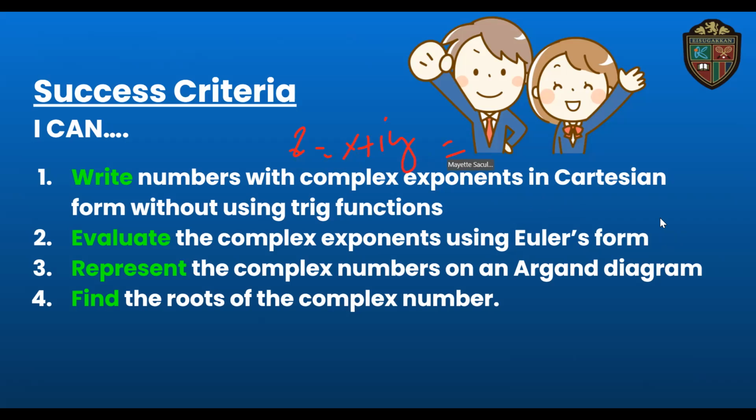In polar form, or modulus-argument form, this is r cosine theta plus i sine of theta. Another form, the Euler form, will be introduced to you in this part of the chapter. This is the third form. The third criterion is to represent complex numbers on an Argand diagram. And lastly is to find the roots of a complex number.